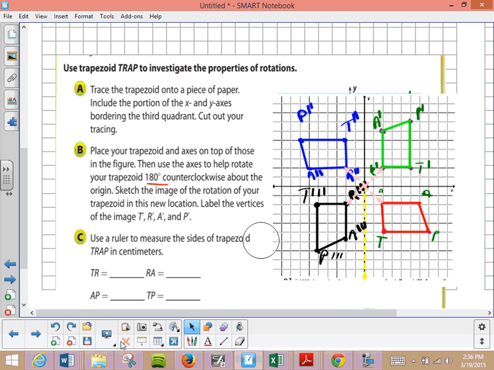Bam. Okay. The other thing that I wanted you to understand is, how can you prove to me that those are or are not congruent, all of them? That's one way. What's another way?